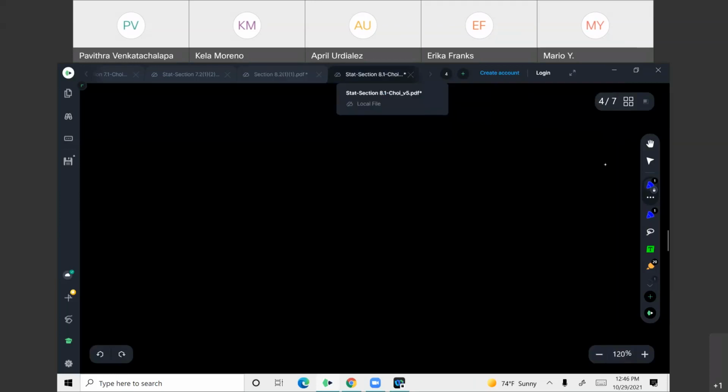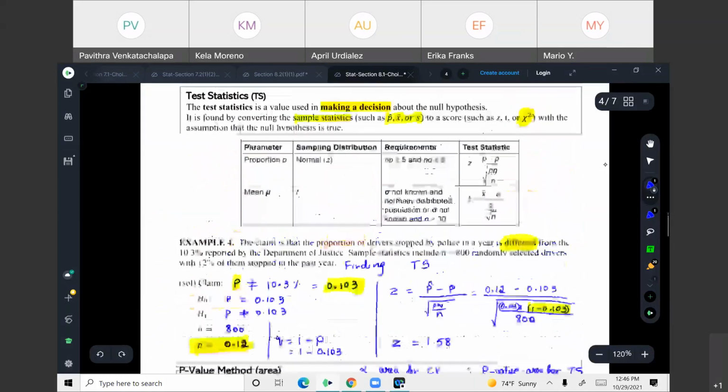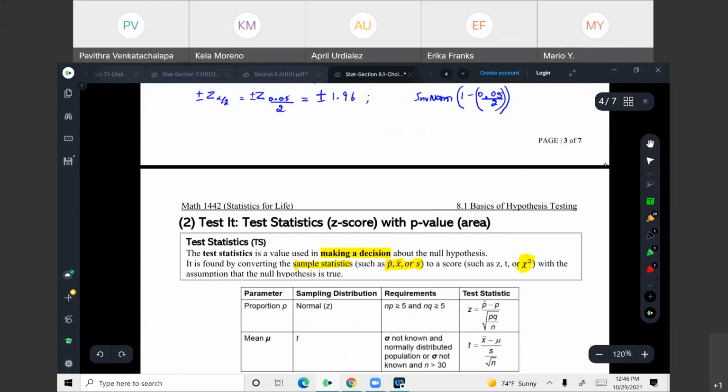Now, p-value is an area, right? So alpha is also an area, p-value is also an area. Alpha is related to the z-score or to a critical value, whereas p-value, which acts as alpha, is related to the test statistic.